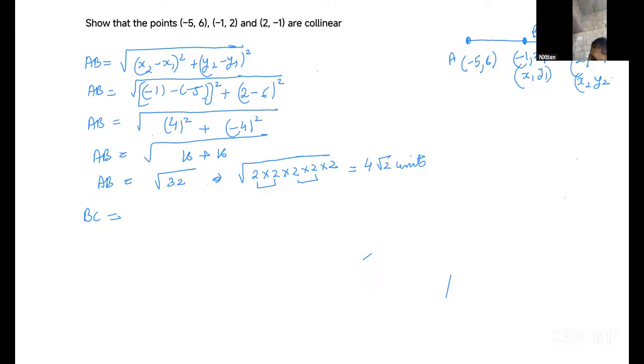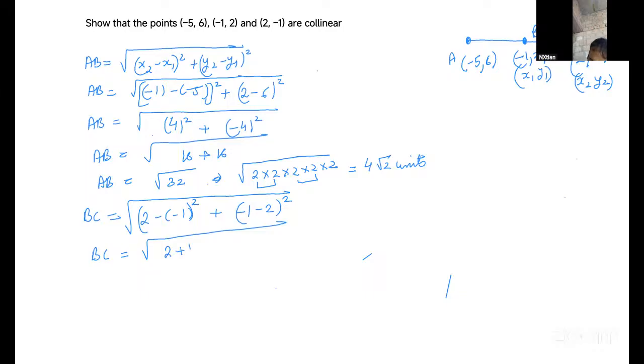So BC is root of (2 minus of -1) square plus (-1 minus 2) square. So BC is root of (2 plus 1) square plus (-3) square, which is 3 square plus 3 square.